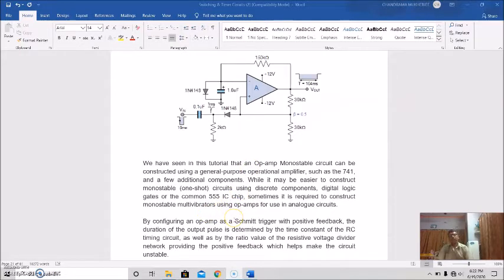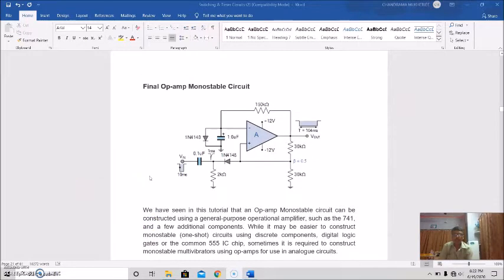Let us give a quick recapitulation of the total discussion on the monostable multivibrator using op-amp.